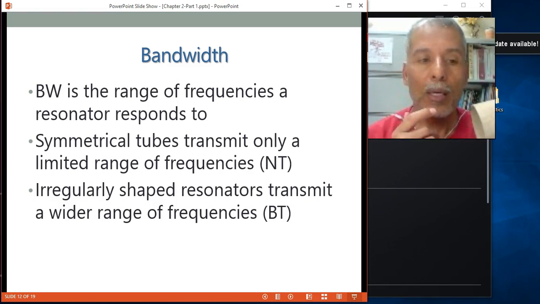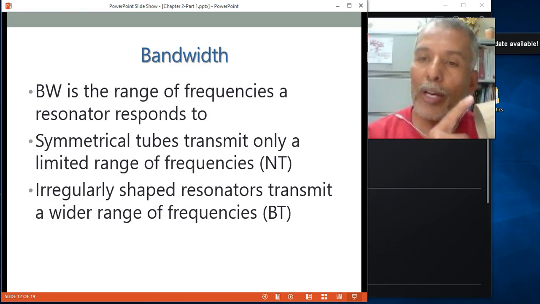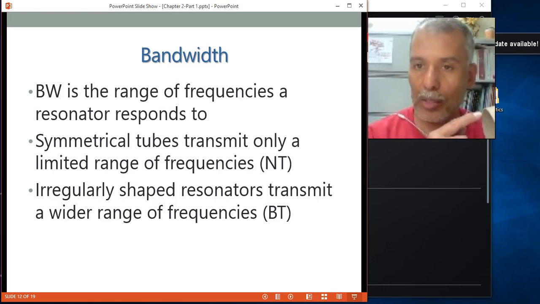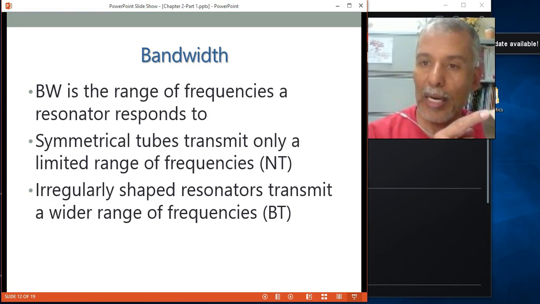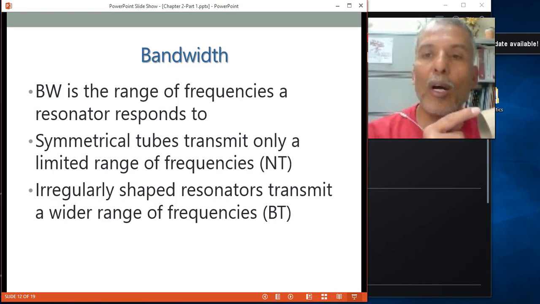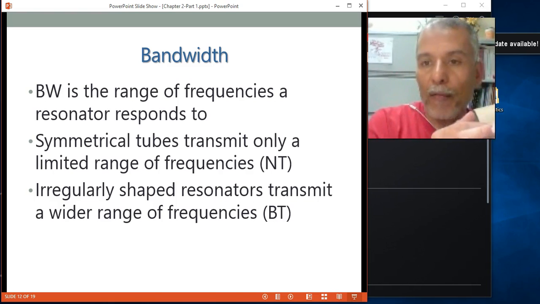How is that? That means 400, if you get a frequency that is 100 less, like say 300 hertz, and you play it in here, that is going to be amplified. If you get a tone that is 100 more on the other side, that 500, that is going to be amplified.